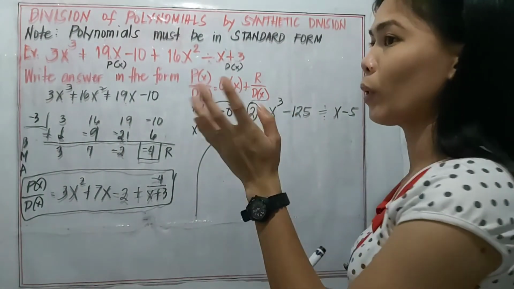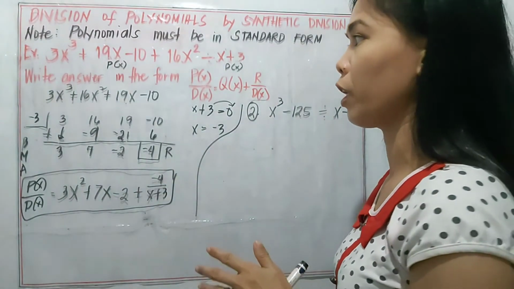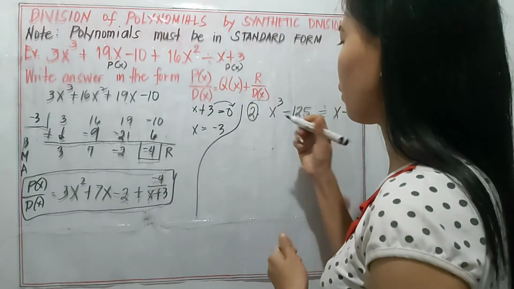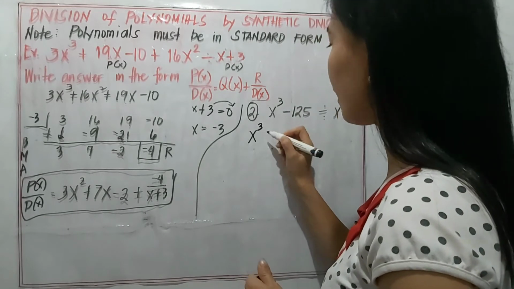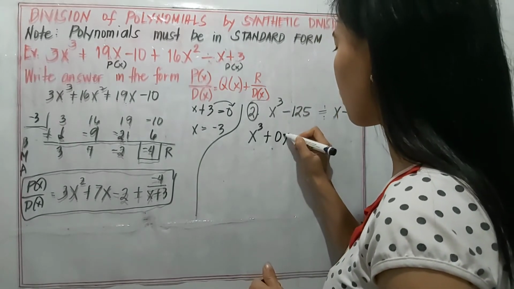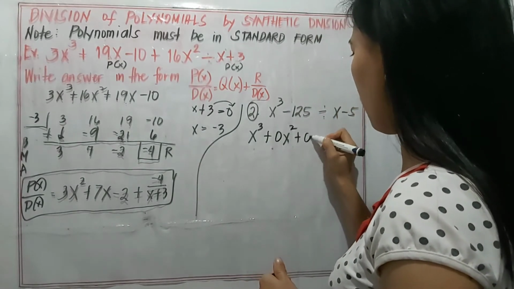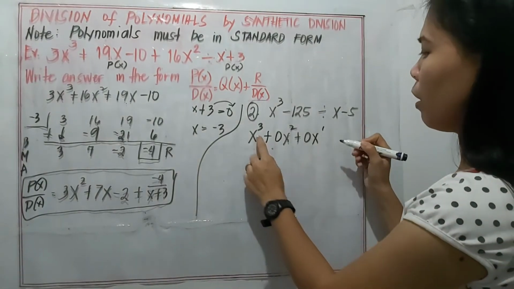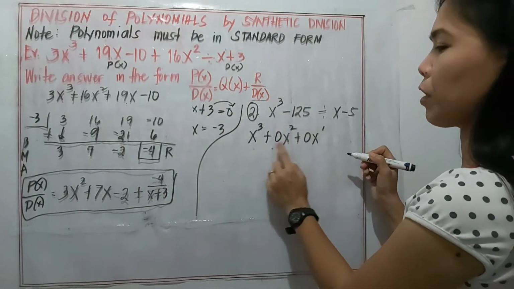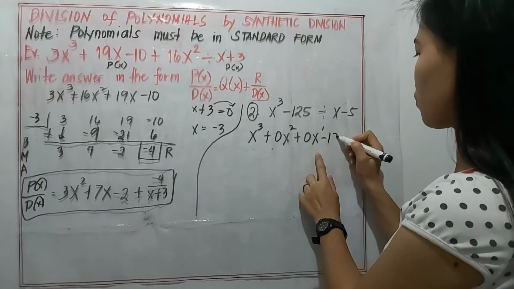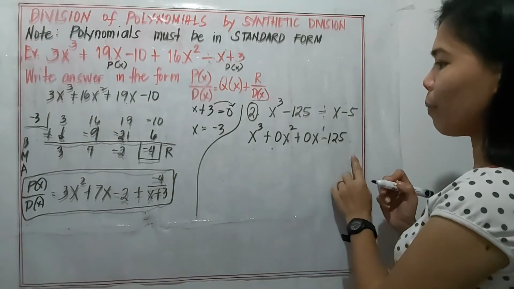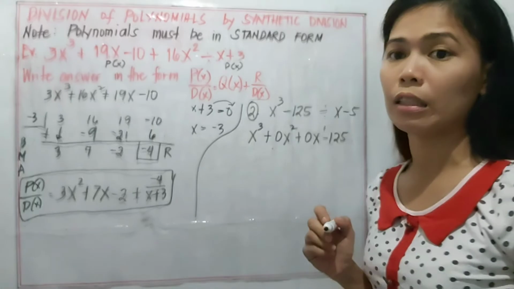So, wala tayong quadratic term, wala tayong linear term. That's why we need to rewrite it. And then, let us insert 0 in place of those missing terms. Okay. So, I have here 3, 2, 1, and the coefficients are 0. Minus 125. So, ito ang gagamitin natin para sa ating synthetic division.